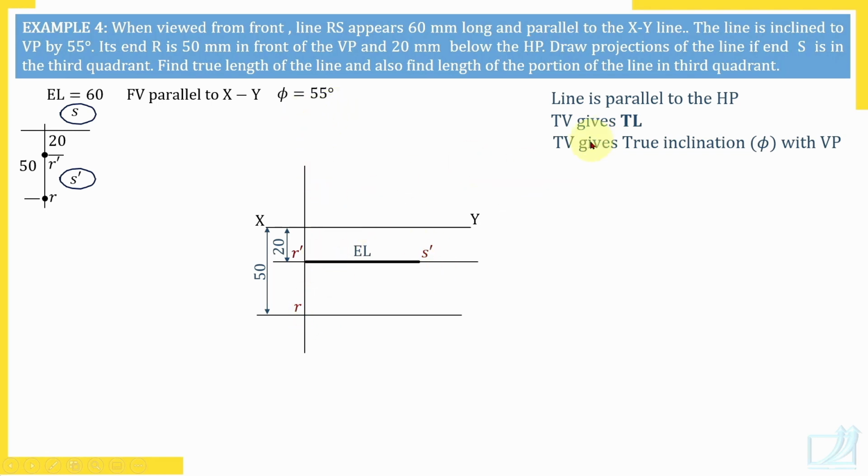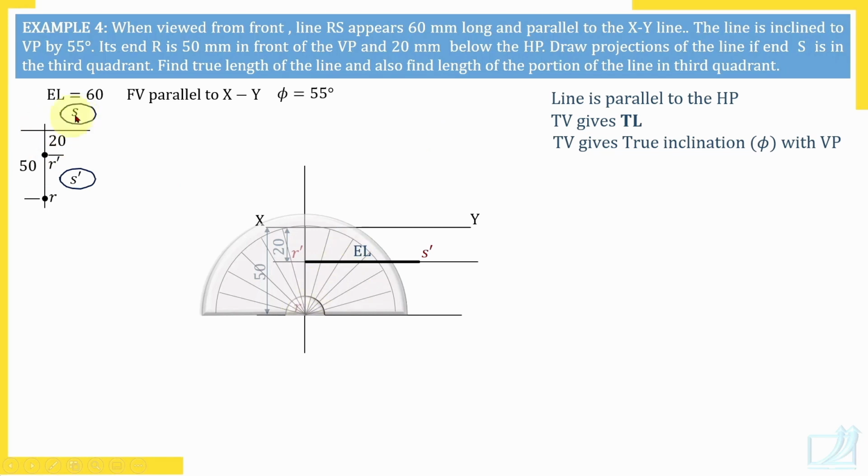top view is RS. What is the length of top view? True length. True length is not given. But at least we know that top view has inclination 55 degrees. So measure that inclination 55 degrees. Now I am measuring that inclination upwards because top view is RS. So we want that RS, point S, above XY line.